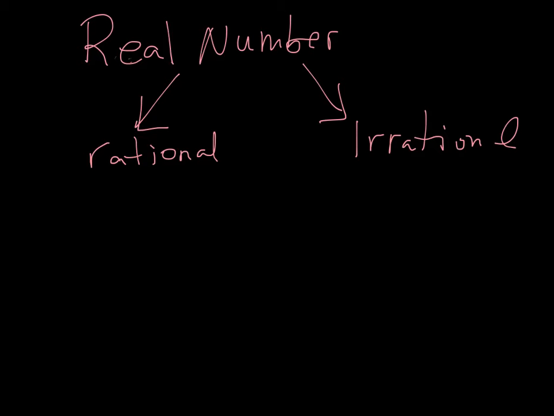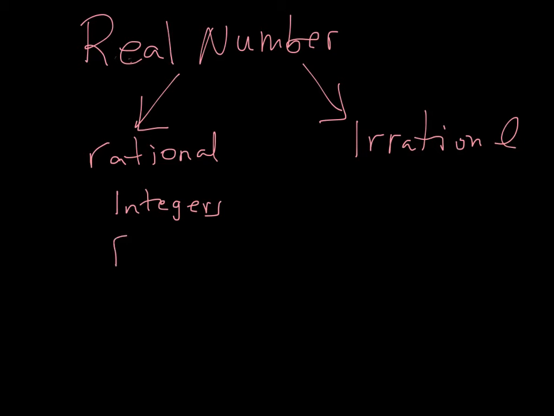And rational means that you can represent that number as a fraction. Okay? So what numbers are rational? They include integers, fractions containing only integers with no 0 in a denominator.